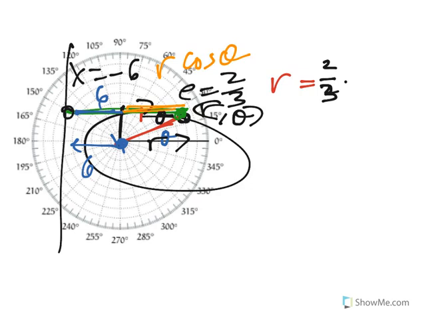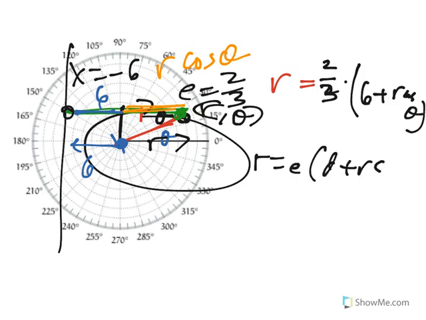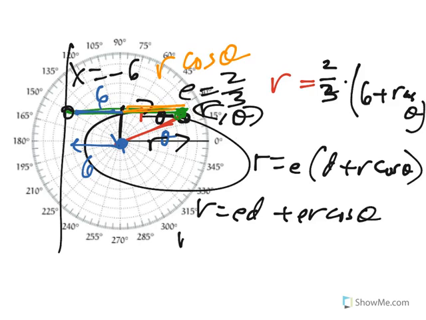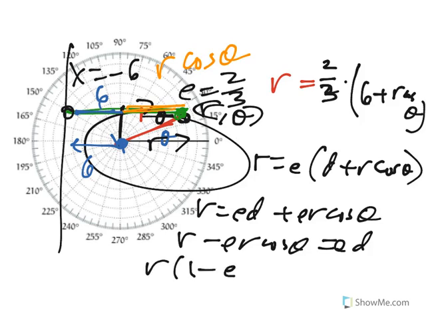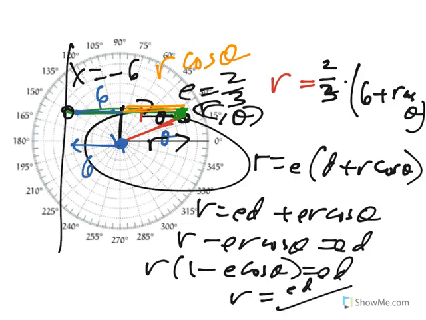So specifically, this becomes 2/3 of 6 plus r cosine theta. In general, it becomes r equals e times d plus r cosine theta, which becomes ed plus er cosine theta, becomes r minus er cosine theta equals ed, becomes r times 1 minus e cosine theta equals ed, becomes ed over 1 minus e cosine theta.